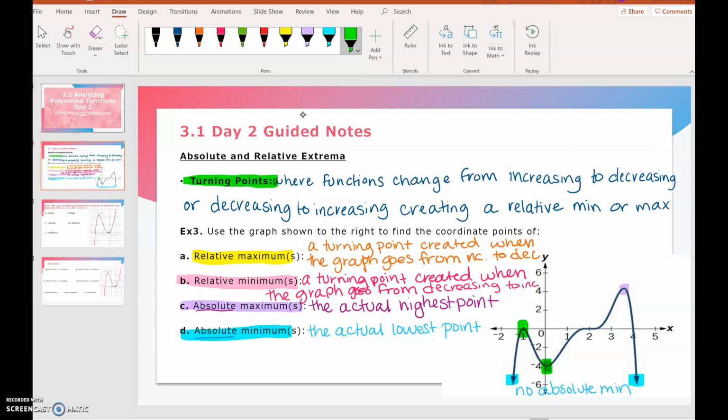So a turning point here, and then it goes increasing, and then it kind of goes constant, but so right around here, there's another turning point, and then increasing to decreasing, there's another turning point. So this graph right here actually has 4 turning points, okay? So let's just get rid of that there. So those are turning points, and the turning points create a relative min or max. They also help create the absolute max and mins.